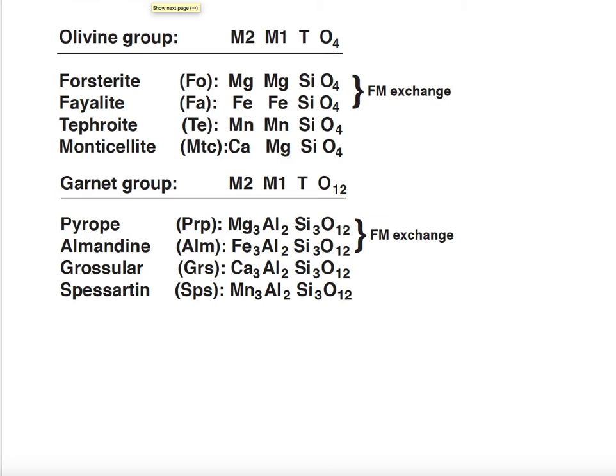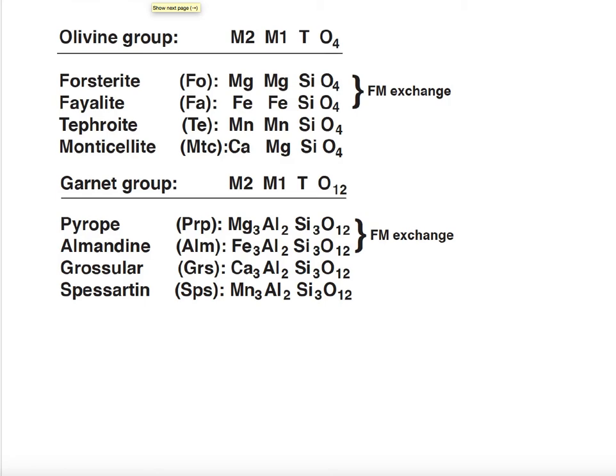These are silicates where the tetrahedrons are all isolated from each other. And therefore we are starting with the most important mineral within the group of the nesosilicates.